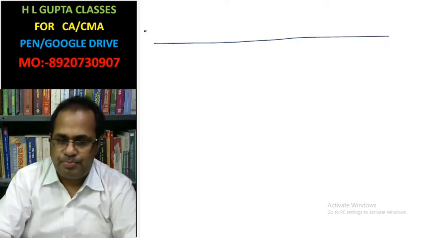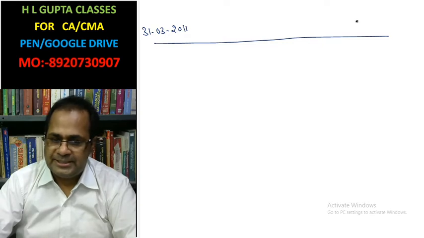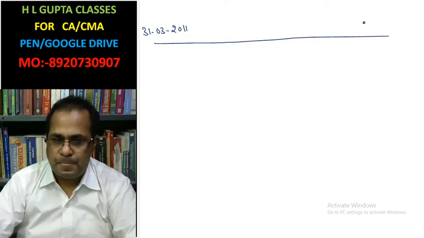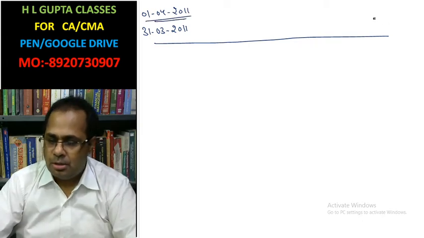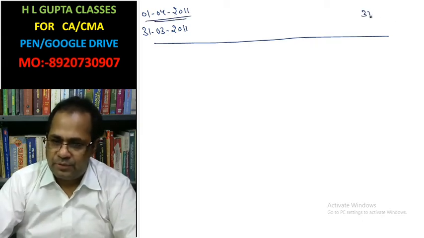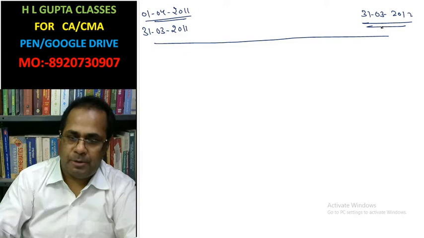This is 31st 03/2011, which is also said to be 01/04/2011. This is the point where it starts, and you are going to finish at 31st 03/2012. Information is given here.